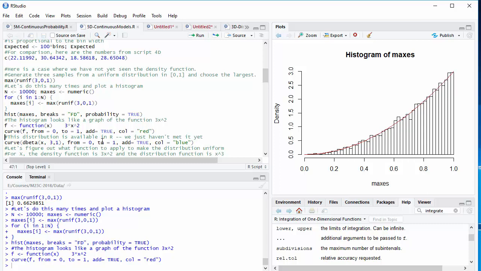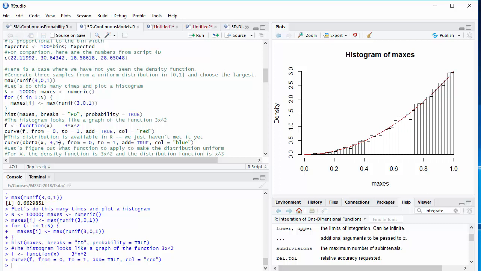It's a special case of a beta distribution, and here I plot the density function for the beta distribution of x, where the parameters are 3 and 1. That will give me something that is proportional to x squared. 5 and 1 would give me something proportional to x to the 4th.